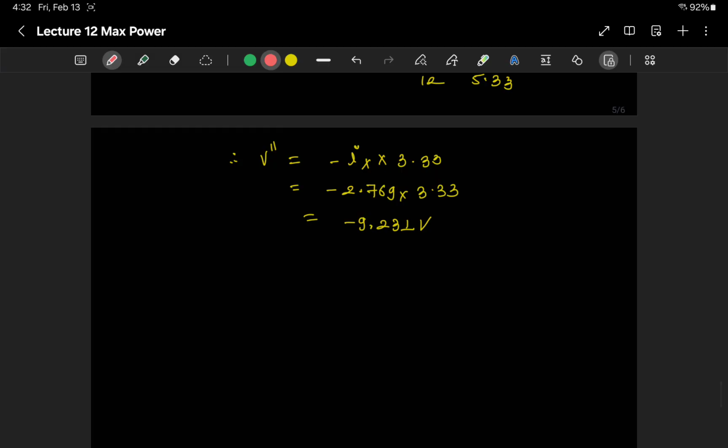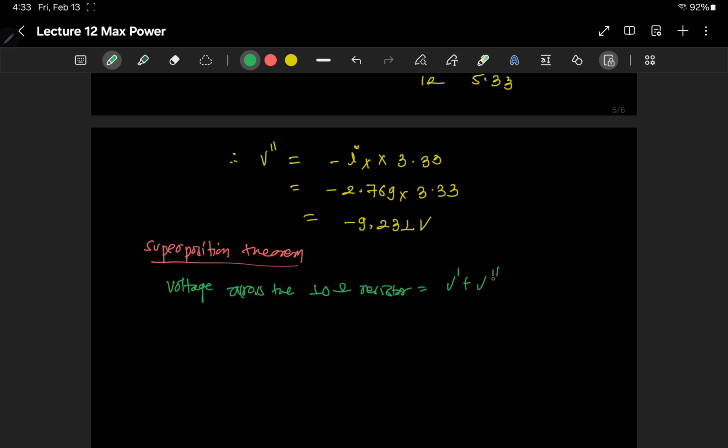Now we can utilize the superposition theorem. So this is the time to apply superposition theorem. What that says is the voltage across this 10 ohm resistor will be equal to V dash plus V double dash, the sum of the individual sources.